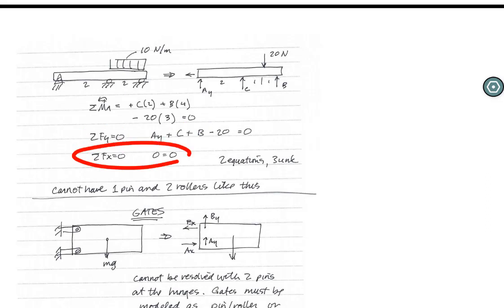So there's no forces in the X direction, but in the Y and the moment, I get C and B and an AY, and I have two equations, three unknowns, and there's no good way to resolve it. So in other words, this is illegal. Pin and two rollers doesn't work.